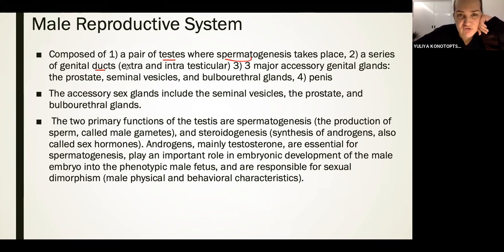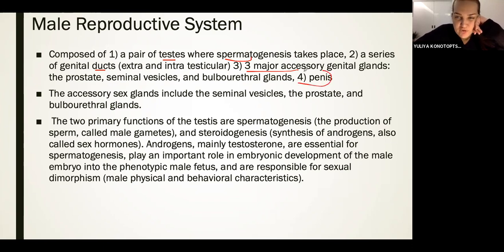So we have the extra and intratesticular ducts. In addition, you will see three major accessory genital glands, such as the prostate, seminal vesicles, and bulbourethral glands. They will be making something that will aid in the function of the male genital system.